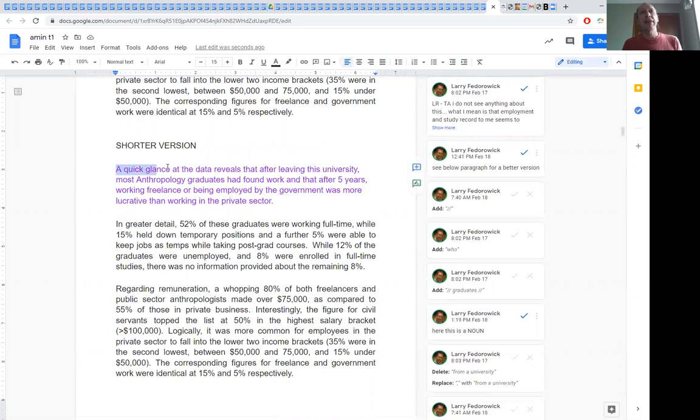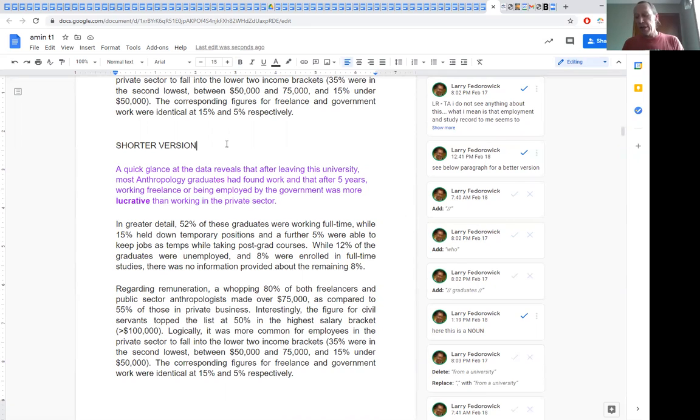Okay, a quick glance at the data reveals that after leaving this university, most anthropology graduates had found work, and that after 5 years, working freelance or being employed by the government was more lucrative than working in the private sector. The word lucrative, if you are not familiar, means sort of like high paying. A lucrative job, or a lucrative business, is one that provides you with a lot of money.